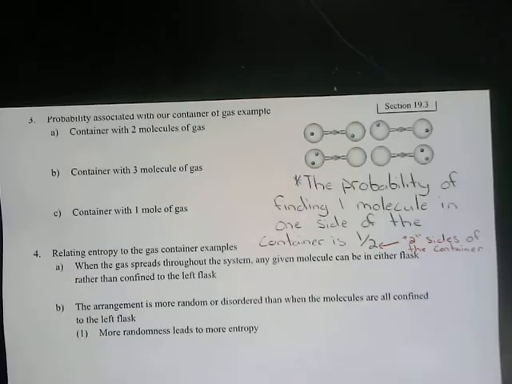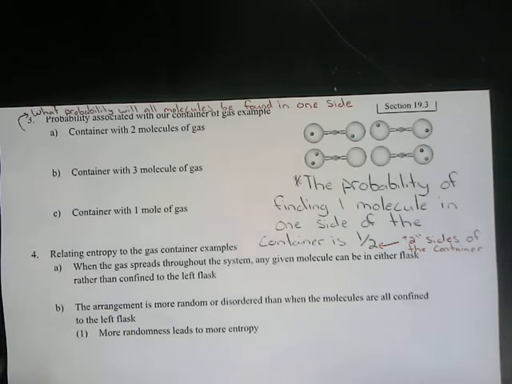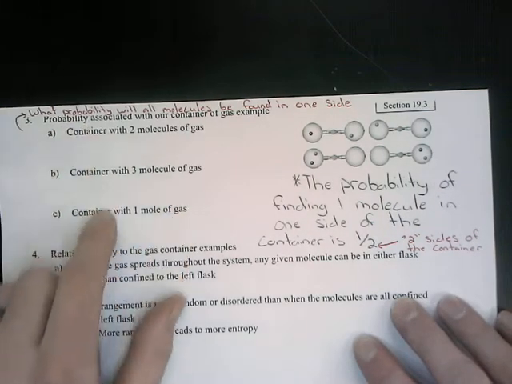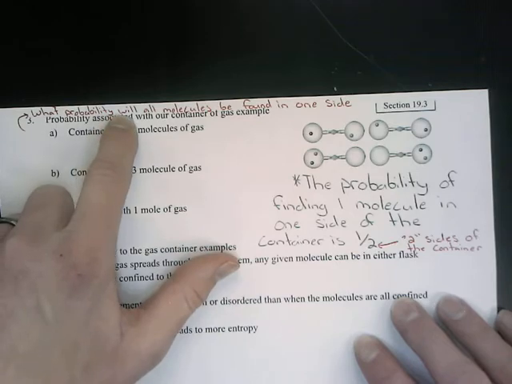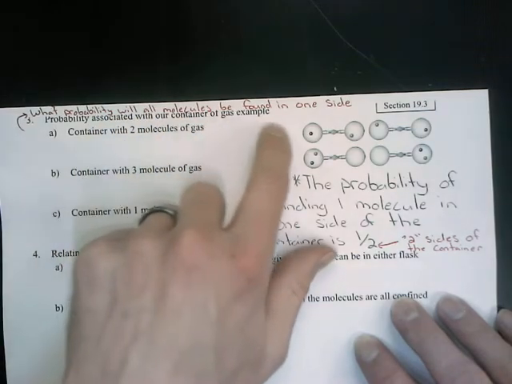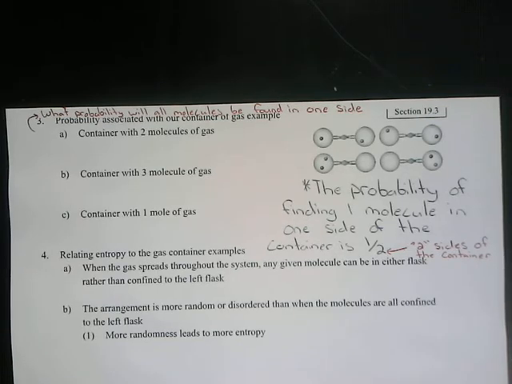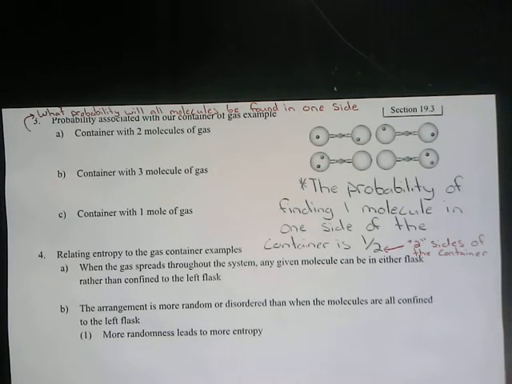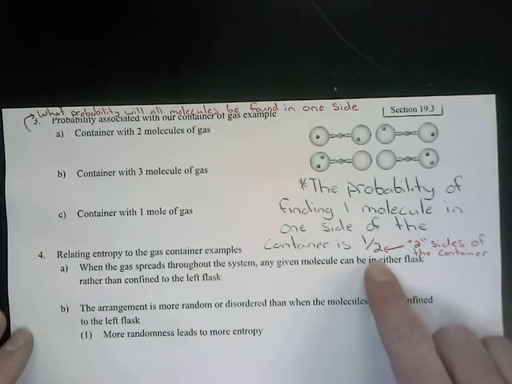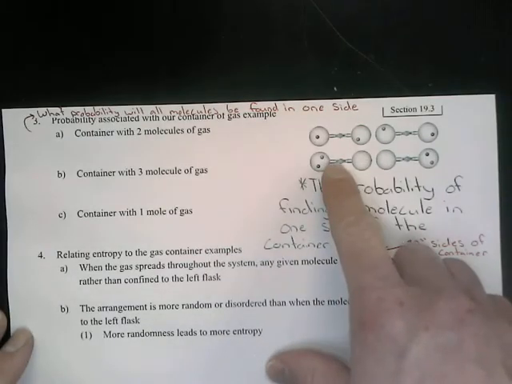I'll pause and write that down. This is kind of small, but it says that what we're doing here is finding the probability that all molecules will be found in one side. So what we do is this. We have 1 out of 2 to represent our two sides of the container.